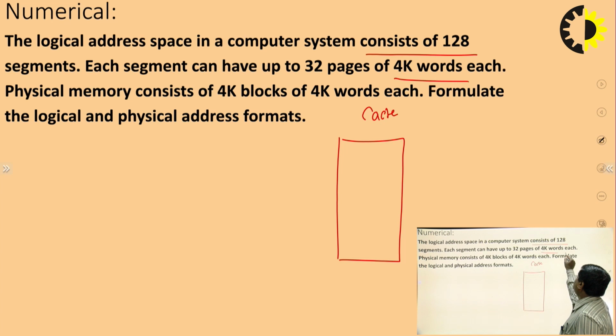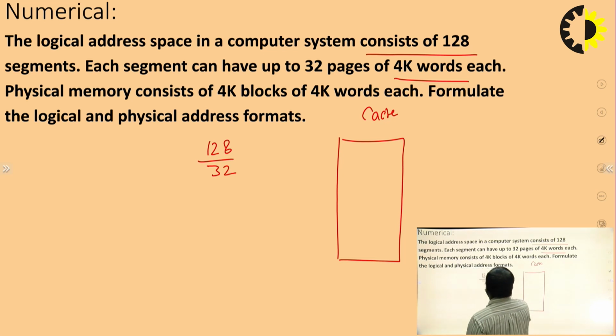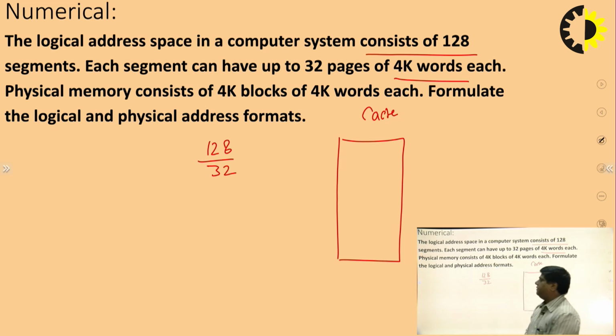And what is the word size? 4K words. It means how many blocks can be available in the cache? That is 128 divided by 32. I think this is 4 blocks available in the cache memory.